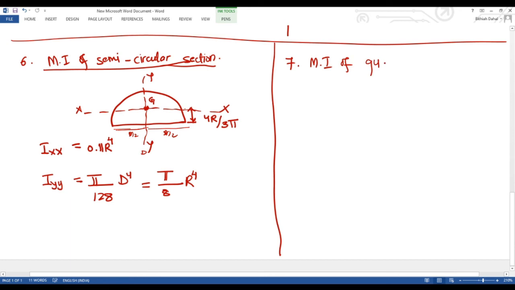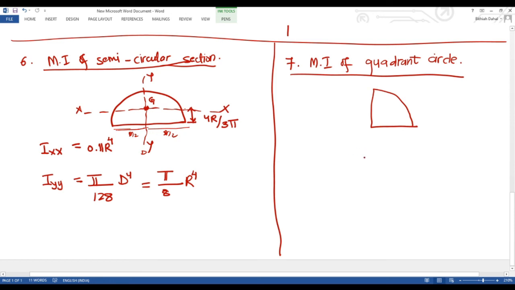A quadrant circle, or it is a quarter circle. Let me draw the diagram. A quadrant circle means half of this semicircle. Half of this semicircle will be only this much. The diagram will be this much.